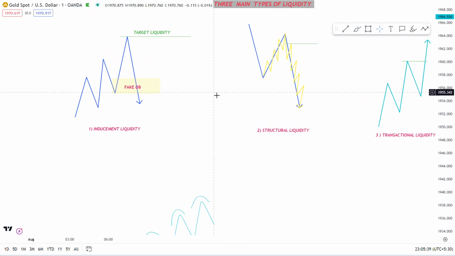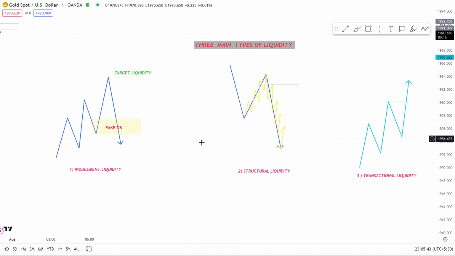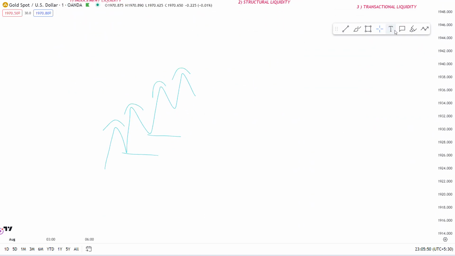So how do we identify where the liquidity is in the forex market? We should use our common sense about where the majority of people have their stop losses. So what is meant by inducement liquidity? I will explain here.